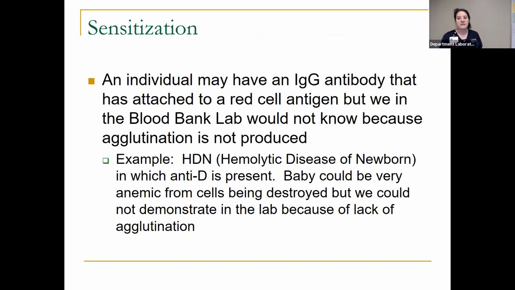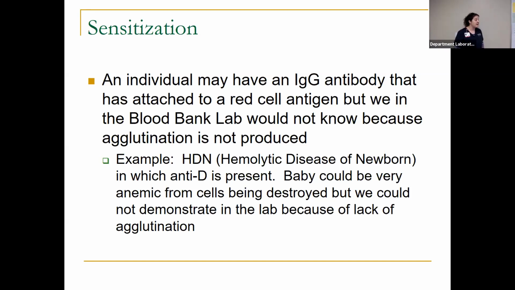So what's going to happen is the patient might have an IgG antibody that has attached to the red cell antigen, but we don't know that because that's only sensitization. We might not be able to visually see that. An example of that would be hemolytic disease of the newborn, in which anti-D is present. So mom's anti-D, if baby is Rh positive, anti-D will attach to the D antigen on baby red cells.